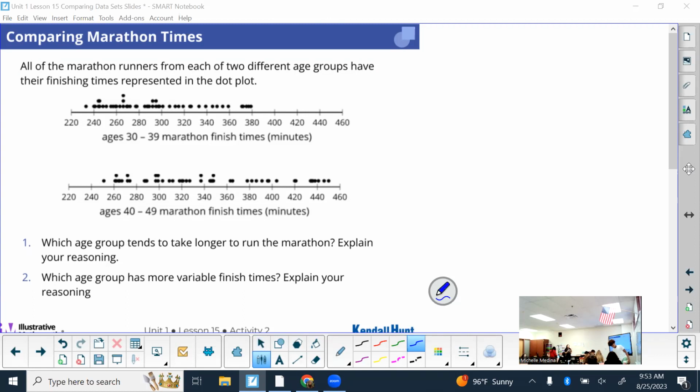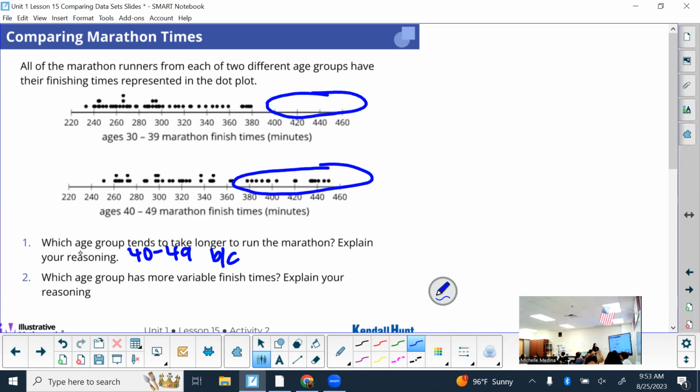So table 8, what's your answer? You literally have 2 options. The first one we chose was 40 to 49 because in the 30 to 39 dot plot there are no dots in the 400s, and there are a lot of dots for 40 to 49.